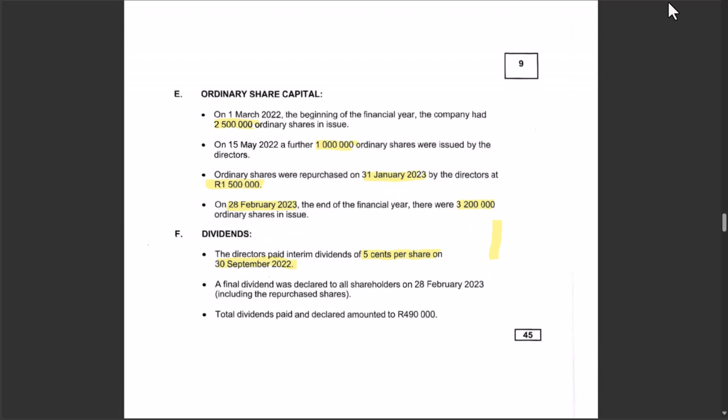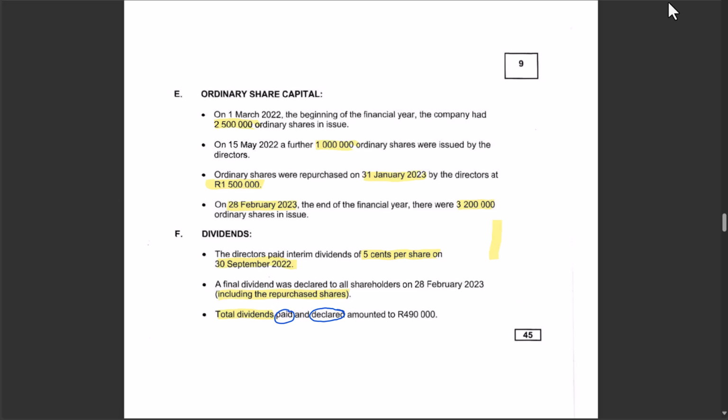Then a final dividend was declared to all shareholders on 28 February, including the repurchased shares. So the question specifies that repurchased shares qualified for the final dividend. Then they say the total dividend paid and declared. Here's the key: paid and declared means this is the total dividend that includes interim and final.